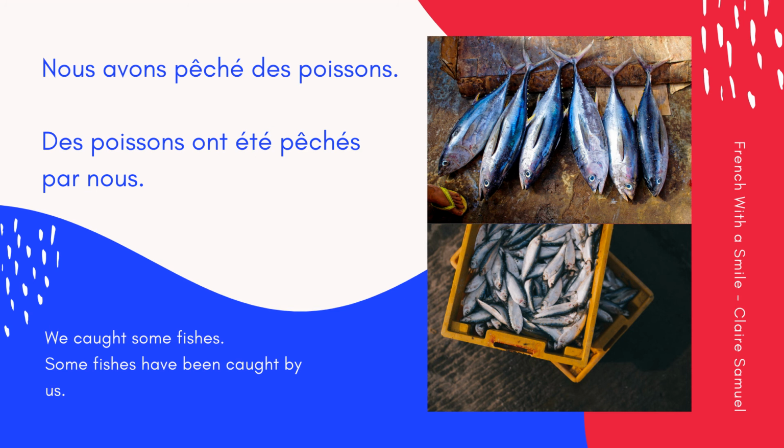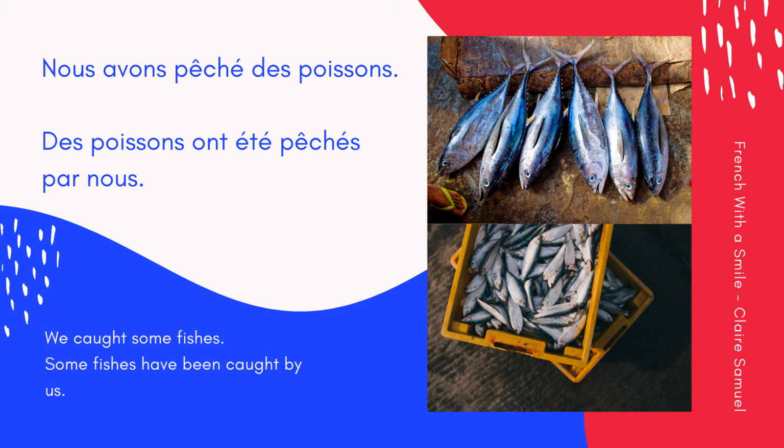Nous avons pêché des poissons. In the passive voice, des poissons ont été pêchés par nous. Notice the liaison. Ont été. Okay? Pêché has to be masculine, plural, because it goes with poisson, masculine, plural.